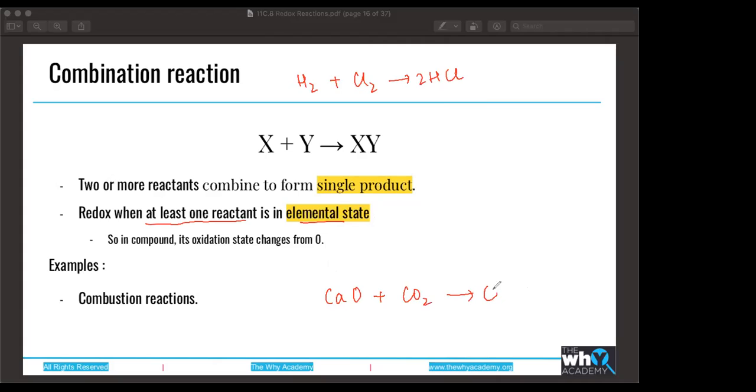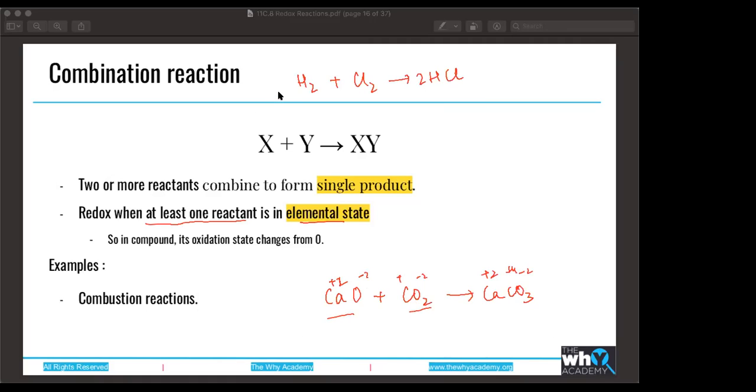No, it's not. So this is plus 2, here also it's plus 2. Oxygen is minus 2 throughout, and carbon is at plus 4 throughout. So when you don't have anything in the elemental state, it is not a redox reaction.